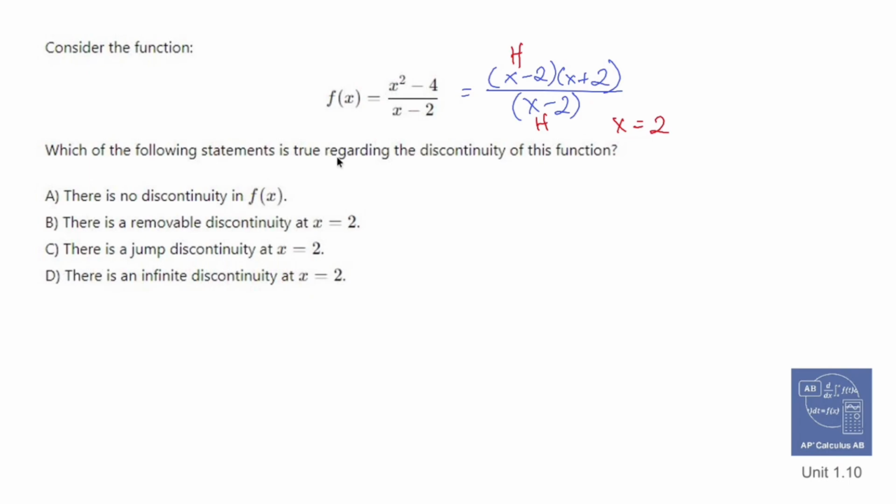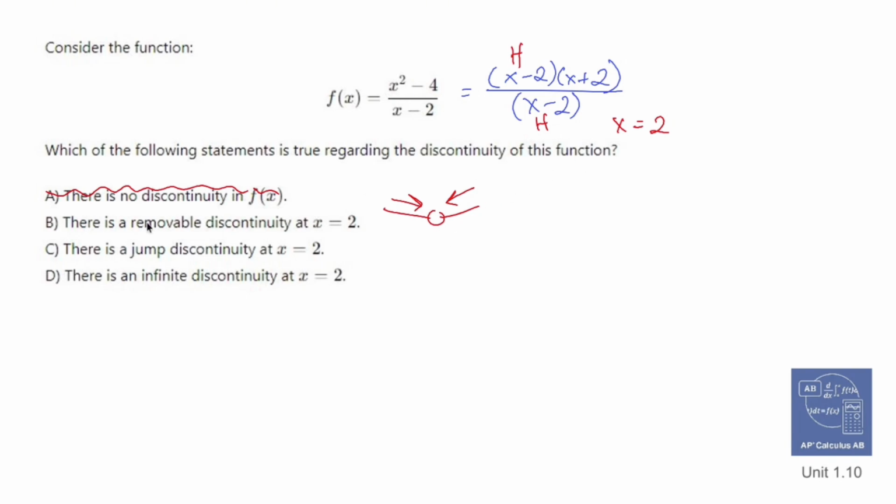So let's see what our options are. Which one of these is true? There is no discontinuity. Well, that's not true because there's a hole at x equals 2. There is a removable discontinuity at x equals 2. Now, what removable discontinuity means is you have a discontinuity where the limit does exist. If you have a hole, the left side and the right side of the limit exist because they are the same, which means the limit does exist.